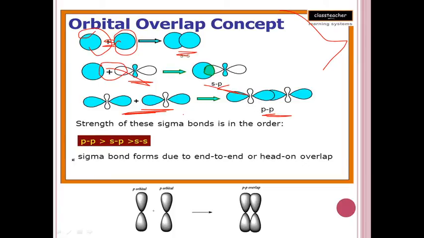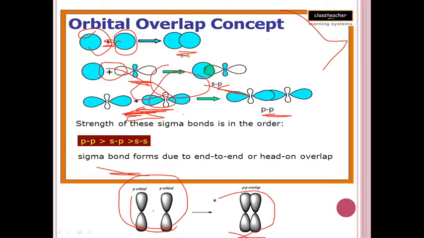Okay. Next, this p orbital can overlap in 2 fashions. It can overlap linearly. This type of overlap, what we have discussed, is called head-to-head overlap. This is actually head-to-head and tail-to-tail. But here it can overlap like this also, sideways, parallelly.